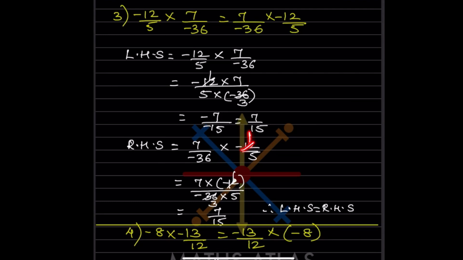So here will be 12 1s are 12, 3s are. Or you can write this step first and later on you can cut it. So what will that be? Here will be minus 7 divided by minus 15. So minus and minus becomes plus, so here 7 by 15. So we can see both places are the same, so LHS is equal to RHS.